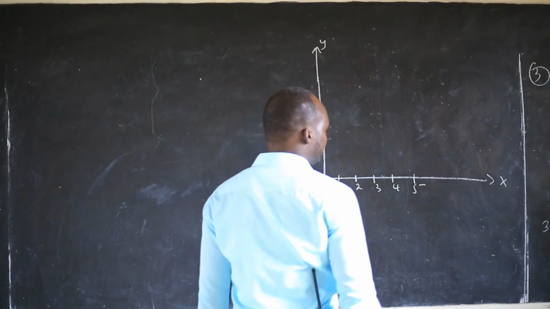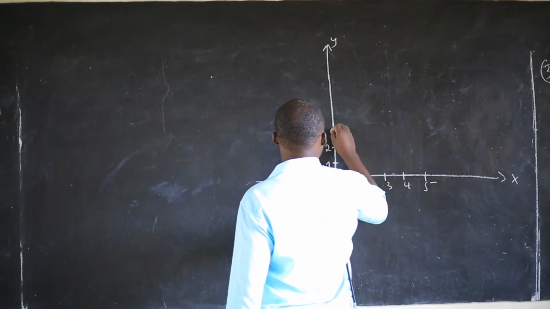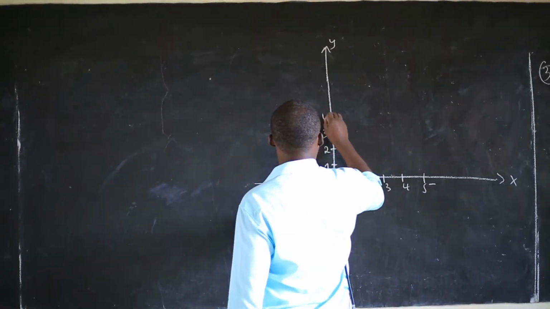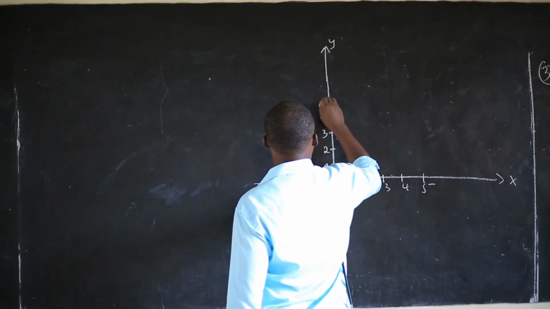On the y-axis it is the same thing: 1, 2, 3, 4, 5, then 6.